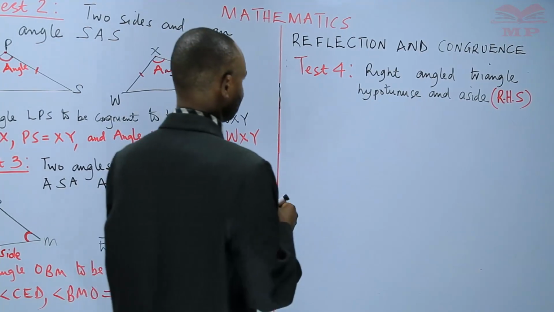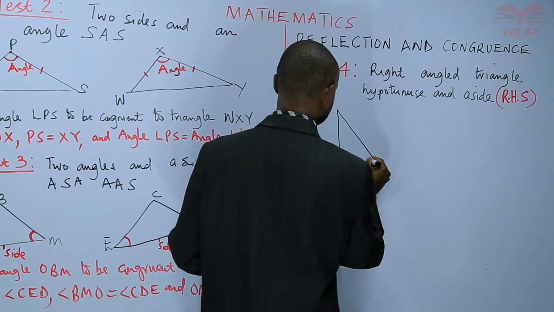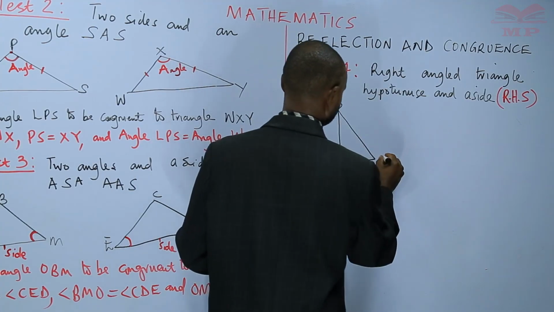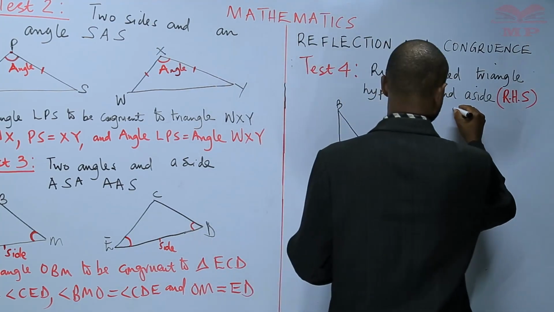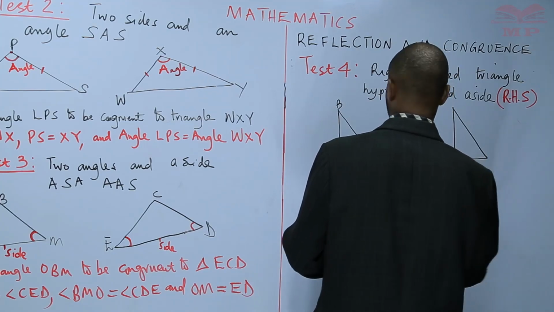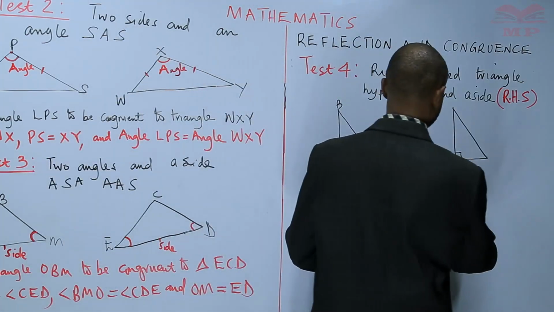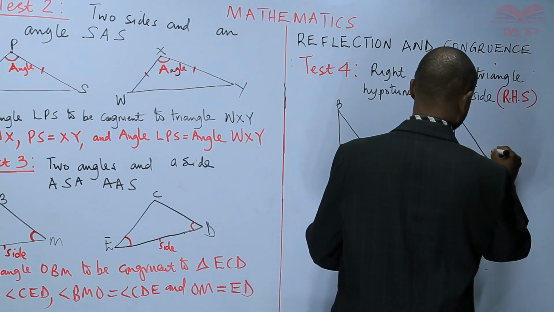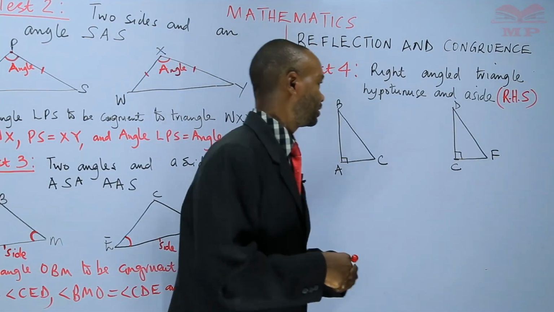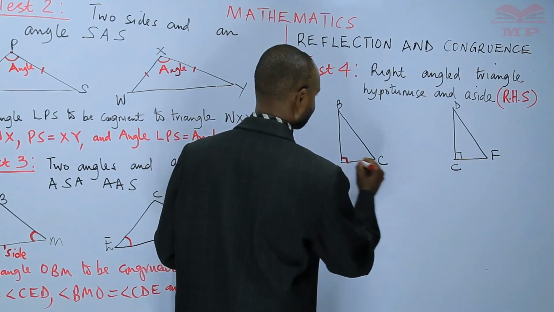So if I'm talking of ABC and CDF, the first consideration, are they right angle triangles? Yes. So if they are right angle triangles, you'll consider this one is the first one.